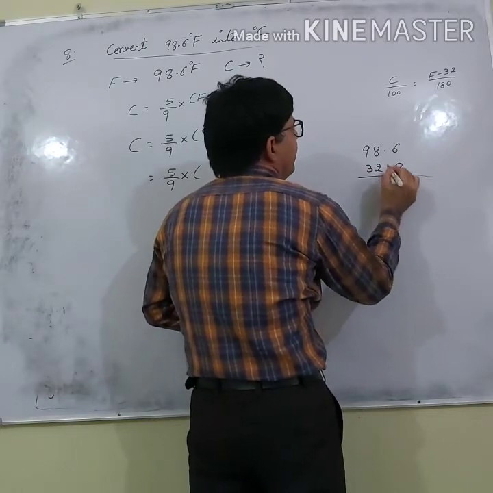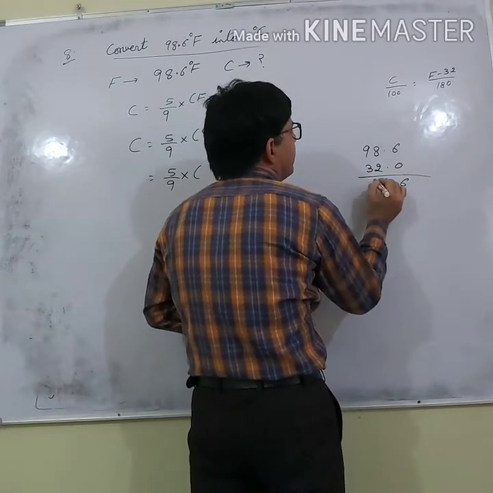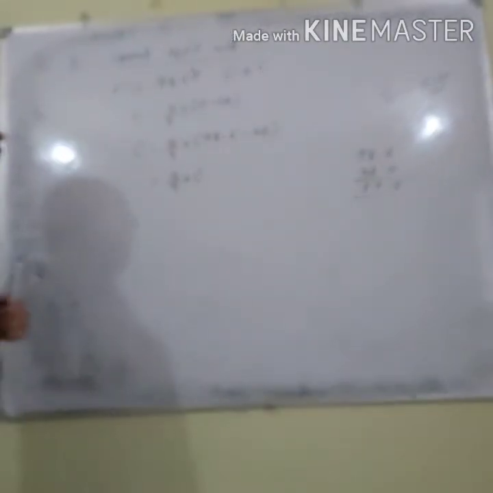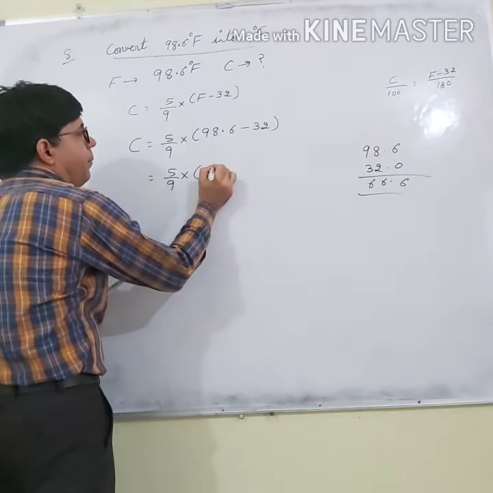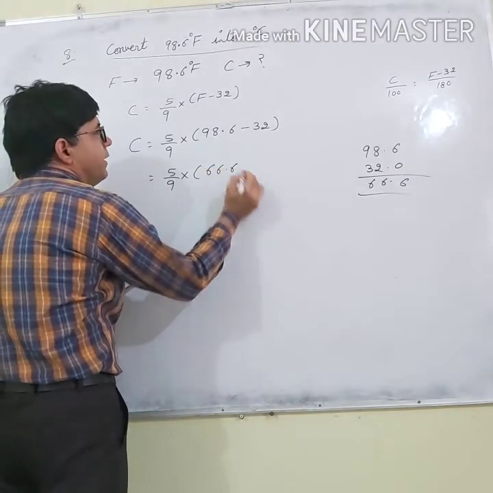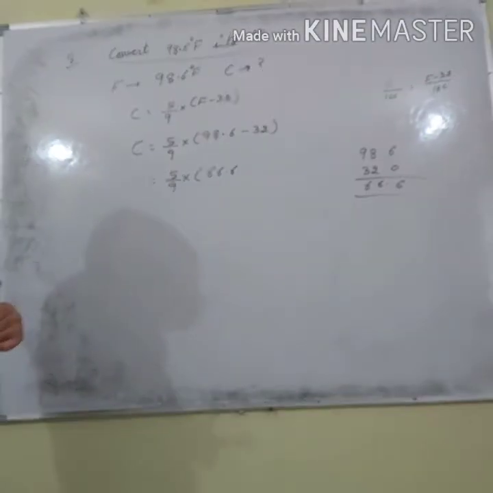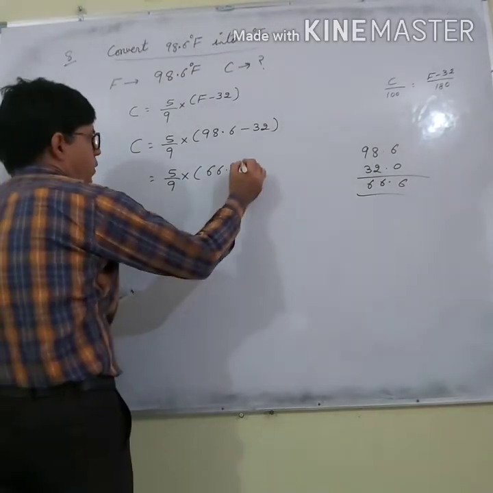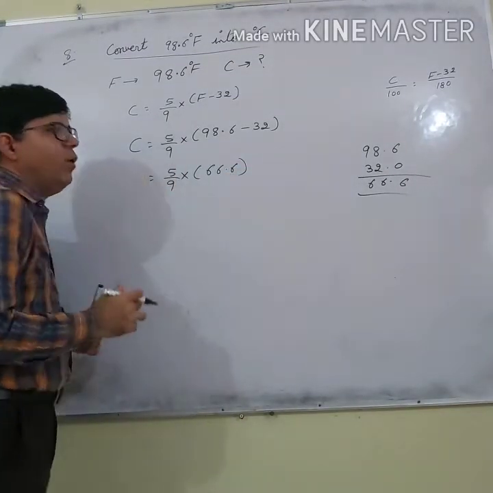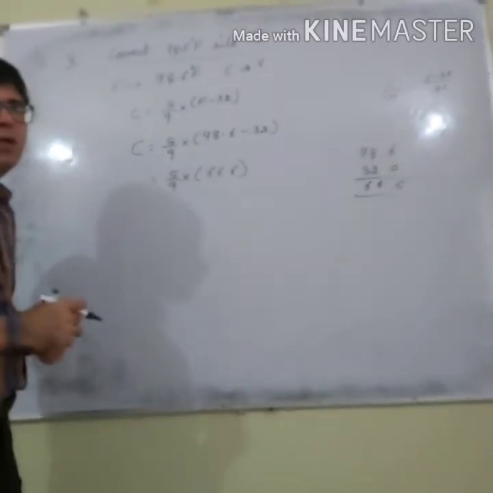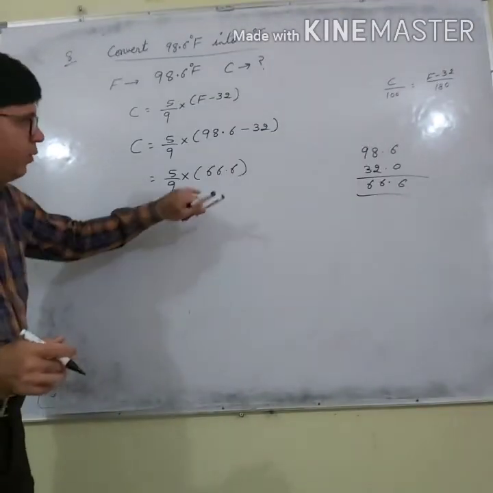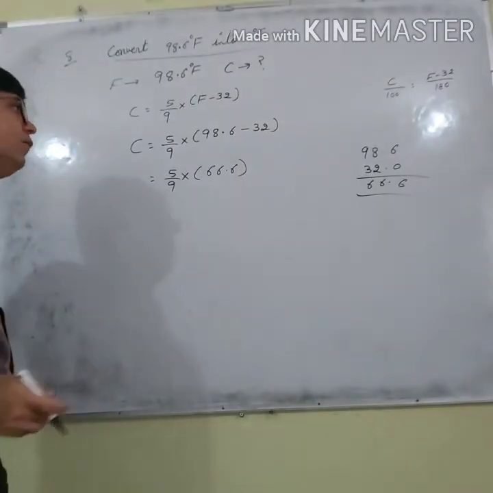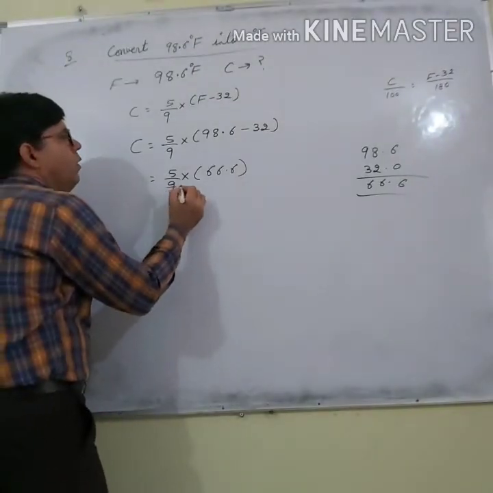So here 6, 6, 6. It's triple 6. Very good. So it appears that if somebody has hit 3 sixes on 3 successive balls, so can it go on the table of 9? Yes or no? Yes, because if you add 3 digits, it will be 18, and 18 comes in the table of 9. So how much is this?